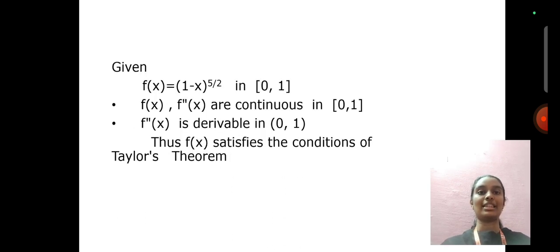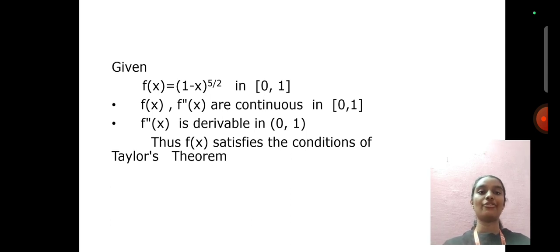In the question, they gave that f(x) = (1 - x)^(5/2) in [0, 1]. Based on Taylor's theorem, f(x) and f'(x) are continuous in the closed interval [0, 1] and f''(x) is derivable in the open interval (0, 1).